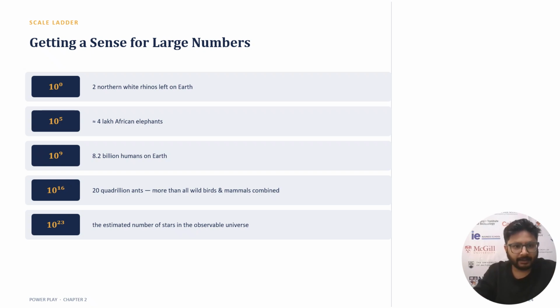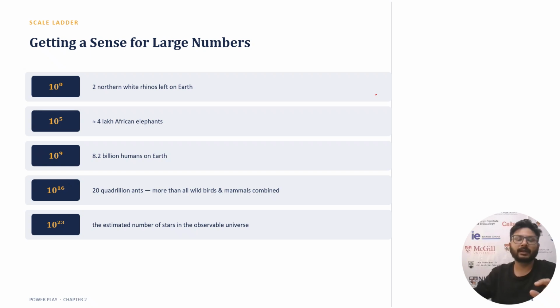Now, getting a sense of larger numbers, there are numbers which are huge, like the distance between Earth and Sun, or the distance between Earth and another galaxy. There are also very small numbers. What is the size of an amoeba? What is the size of a cell? That can be written in the negative format.